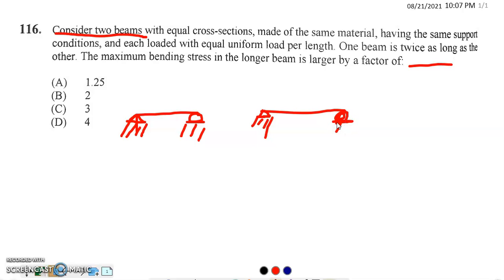Okay, so those are the two beams, and each is loaded with equal uniform load per length. So equal uniform load.